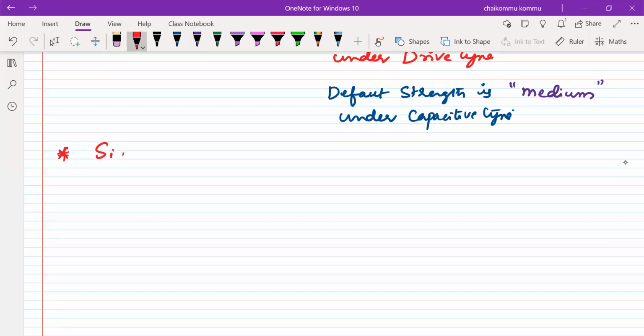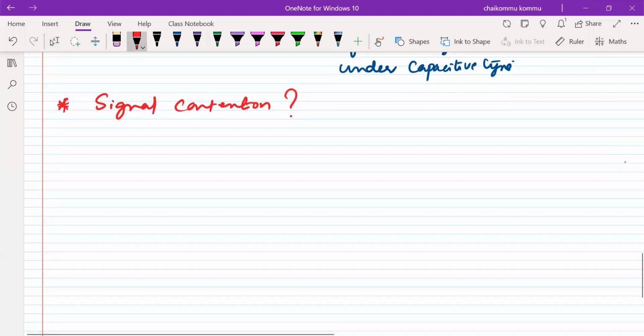Now, signal contention. The signal contention is nothing but ambiguity between the logic values.